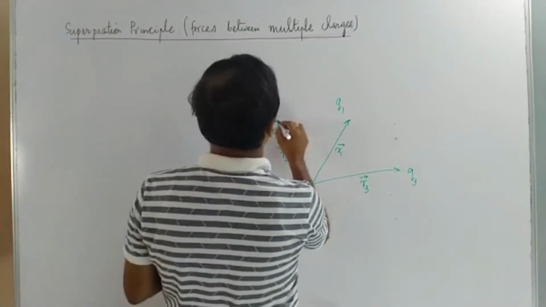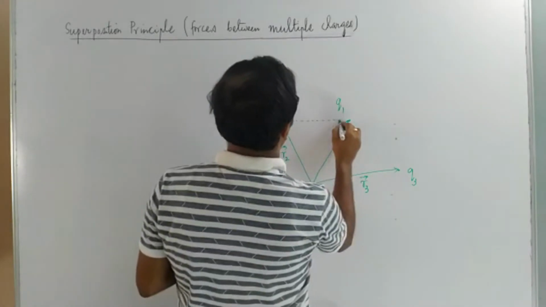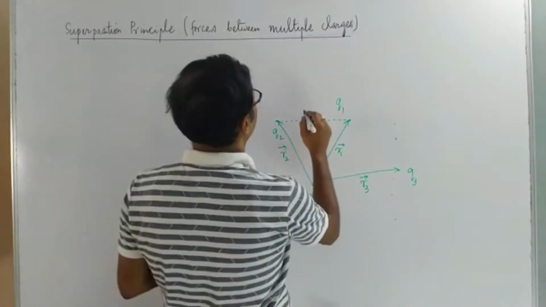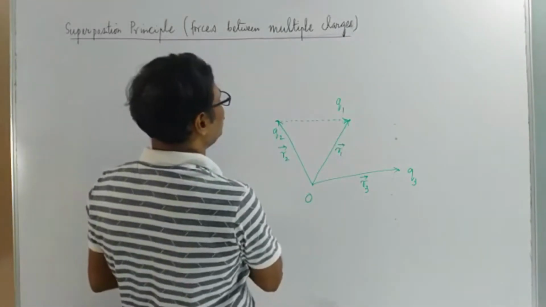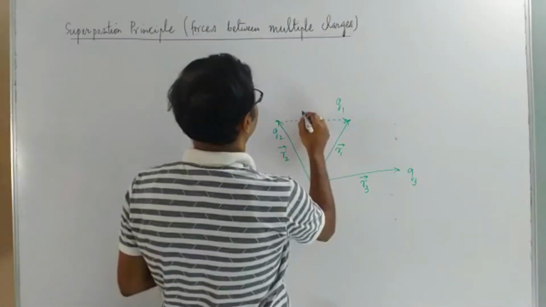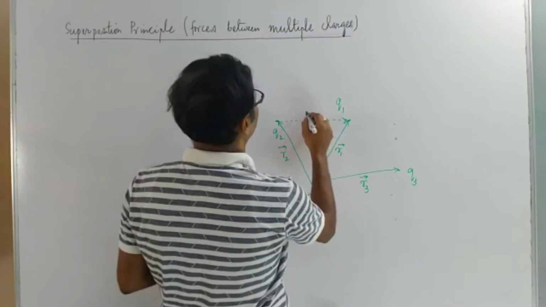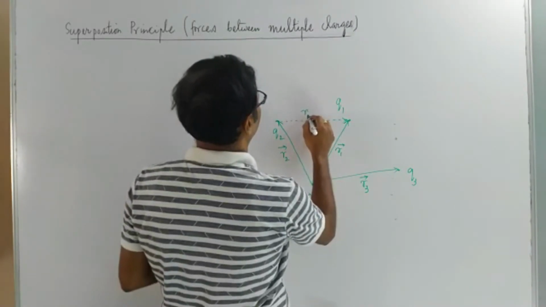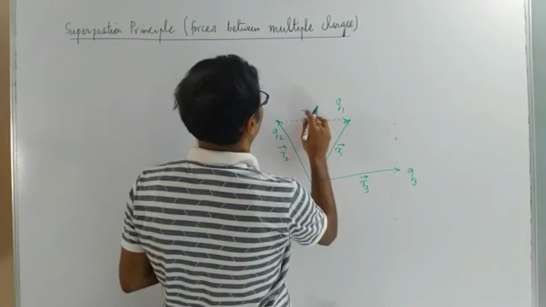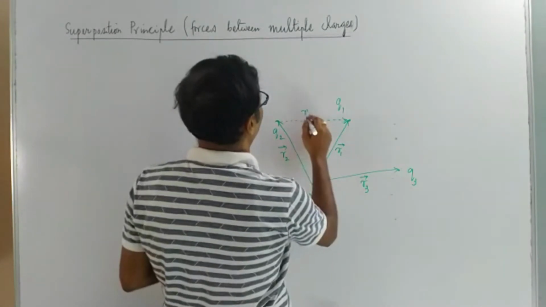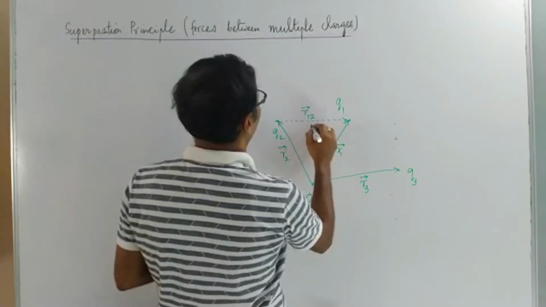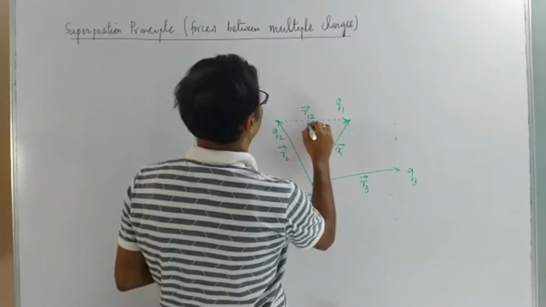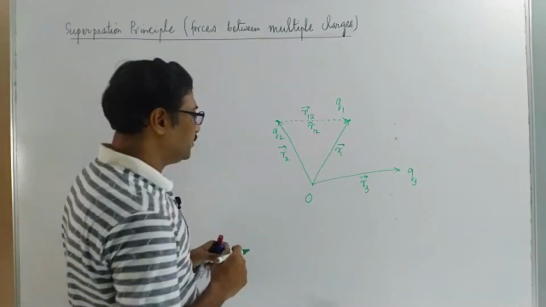So as before, we consider the vector from Q2 to Q1 as R12, and the unit vector in this direction as R12 cap.